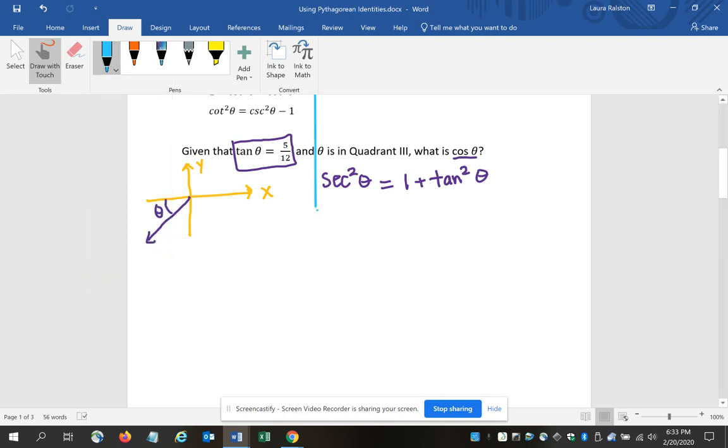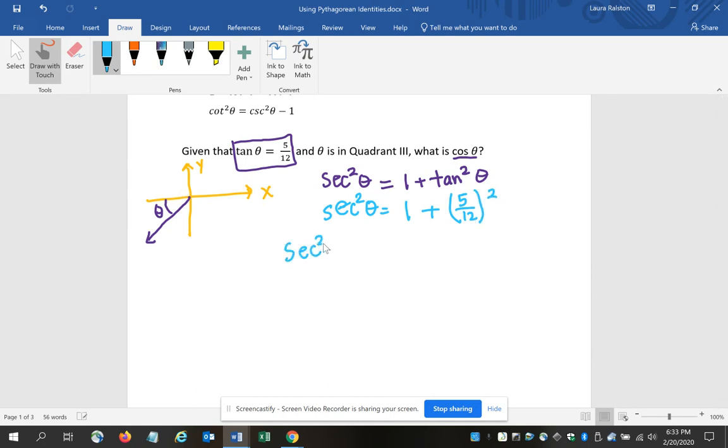So I have secant squared, which I do not know yet. Okay, so I have secant squared theta equals 1 plus tangent is 5/12, and I need to square that. And then I'm going to do the math.